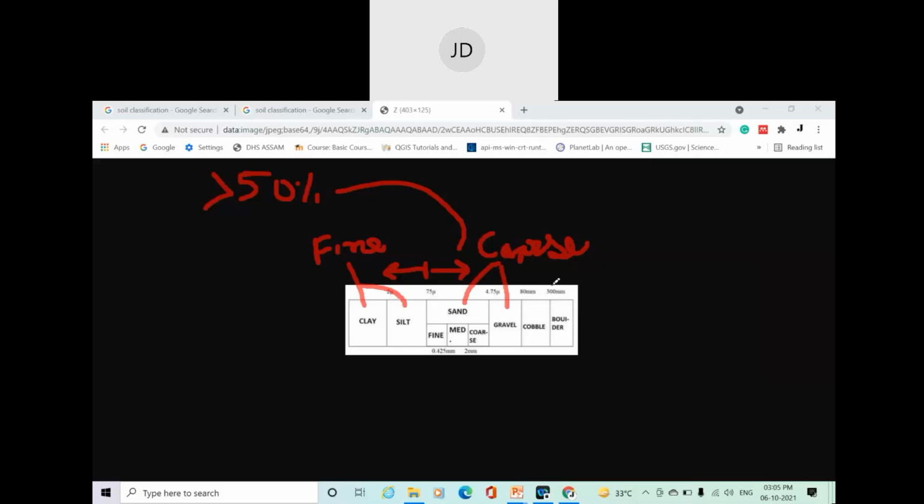So coarse grained soil means sand and gravel, fine grained soil means clay and silt. And what is the smallest size of soil? It is clay, having size less than 2 micron, that is 0.002 millimeter. You have to know this.